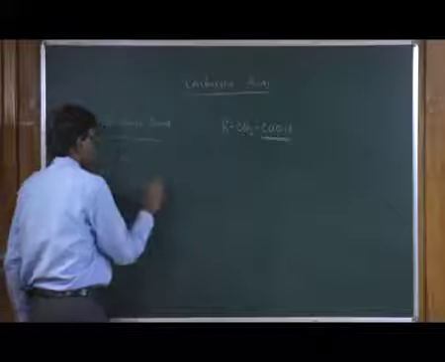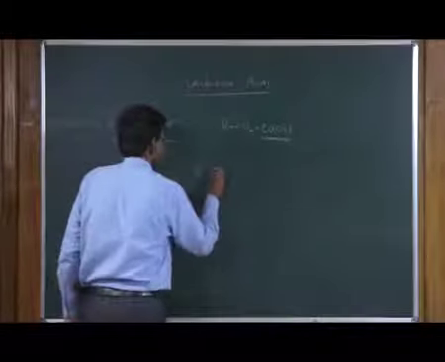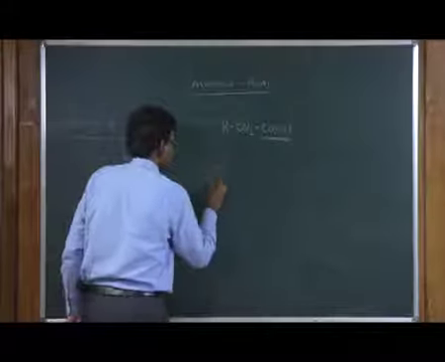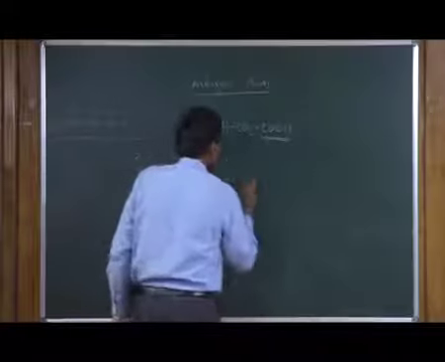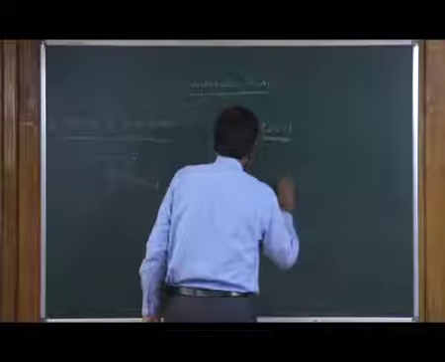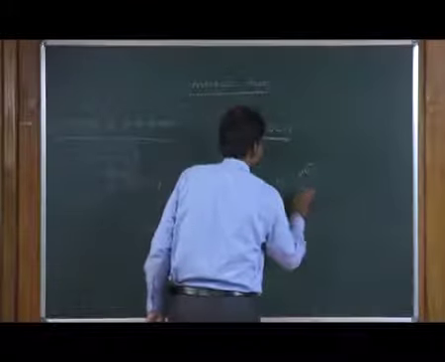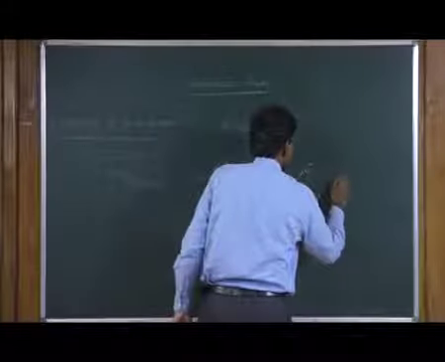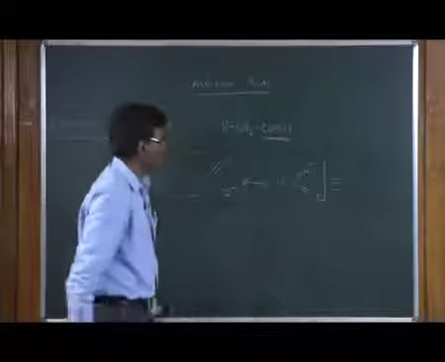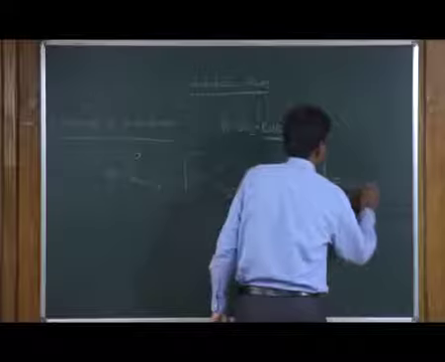When you make the corresponding carboxylate ion, this is a resonance structure of the carboxylate ion. This can be drawn like this.